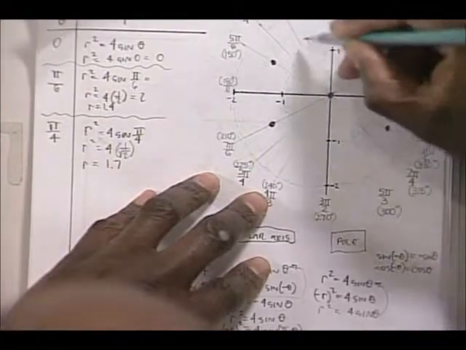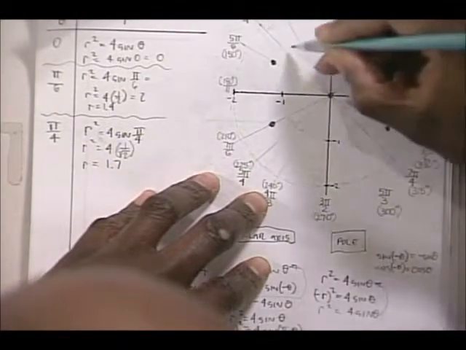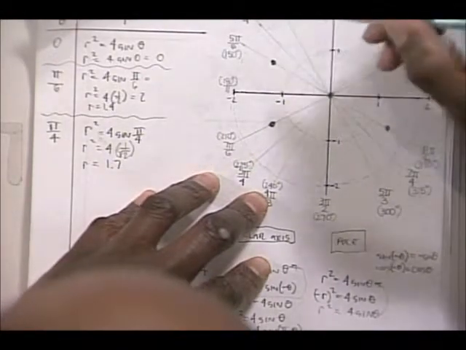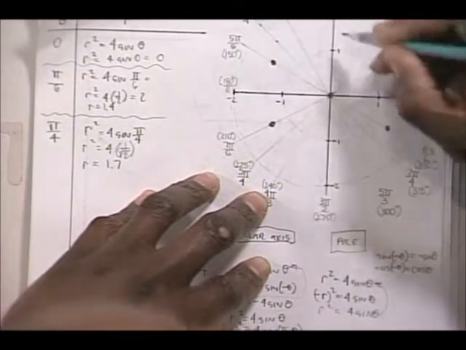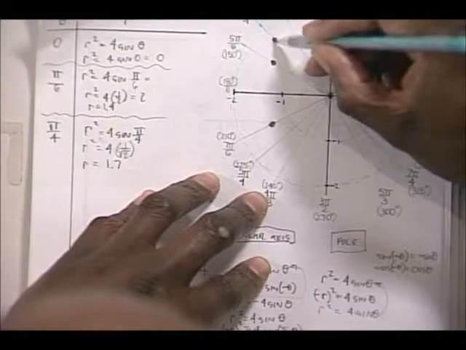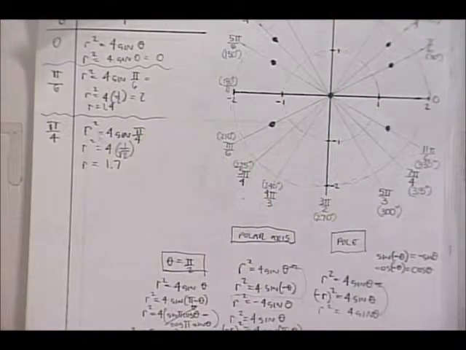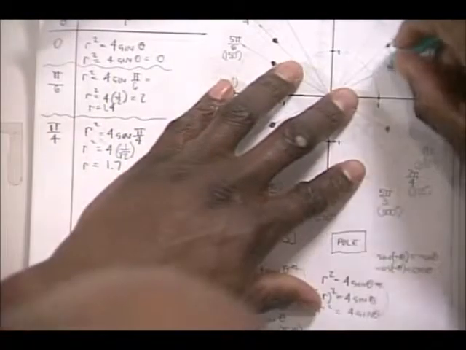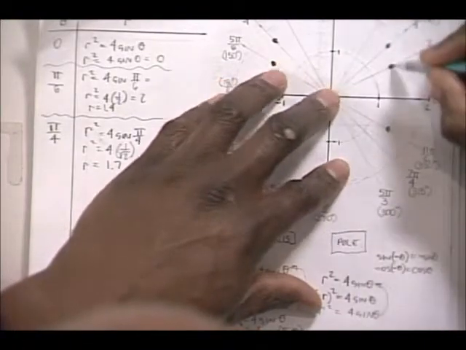So this is symmetric about the pole. This is symmetric about theta is equal to pi over 2. It's about 1.7, about right there. Something's not looking quite right. I'm a little bit uncomfortable. Let's see here. Well, let's just keep going. 1.4 is about right there.